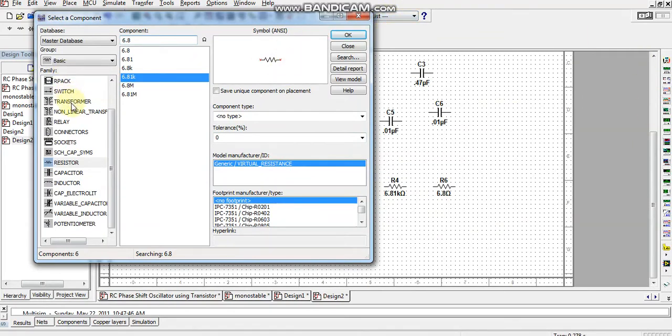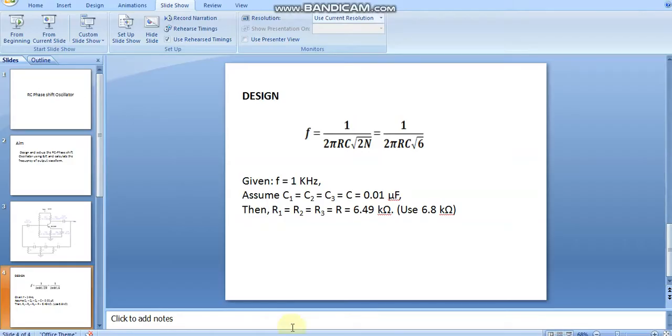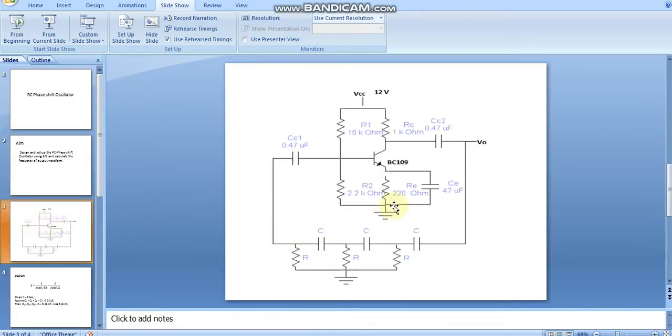I require one more capacitor, that is 0.47 microfarad. So we have seen here what the reason was. We had 47 microfarad also.